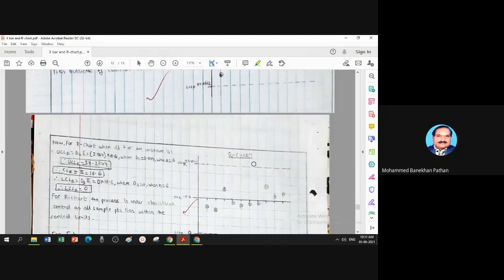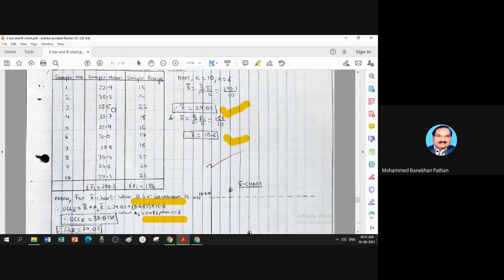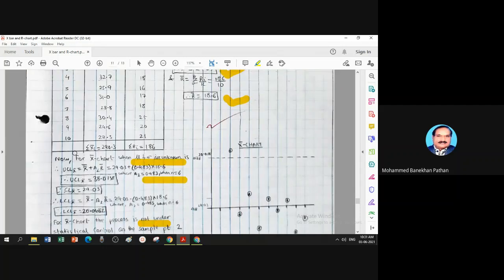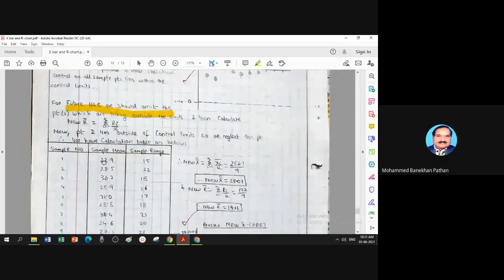So in the X bar chart, point number 2 is outside the upper control limit. So I have to drop this value. And then on the basis of the remaining samples, that means 9 samples, I will calculate control limits, and that will be treated as the future limits.